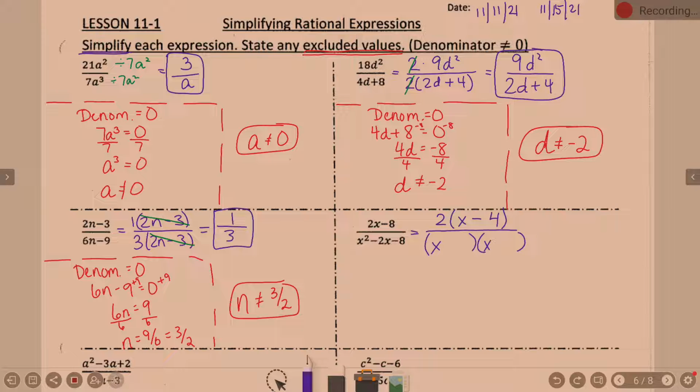Is there a number in front of x squared? No. So we don't even have to talk product of AC. We can just talk product and sum. So we need a product of what? Specifically, -8. So we need two numbers that multiply to be -8, and give me a sum of what? -2. That middle term of -2.